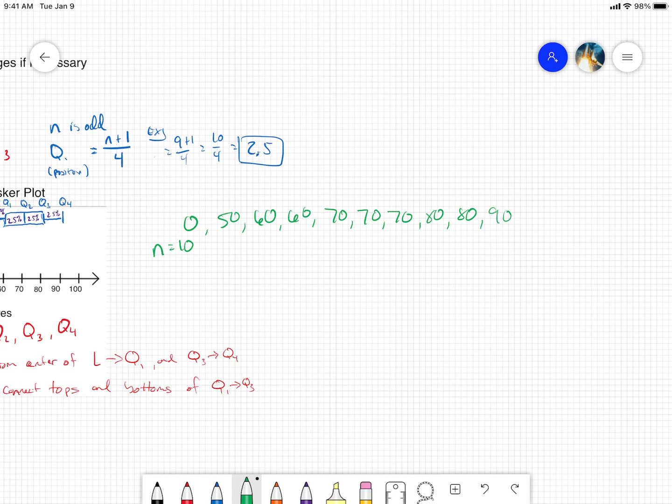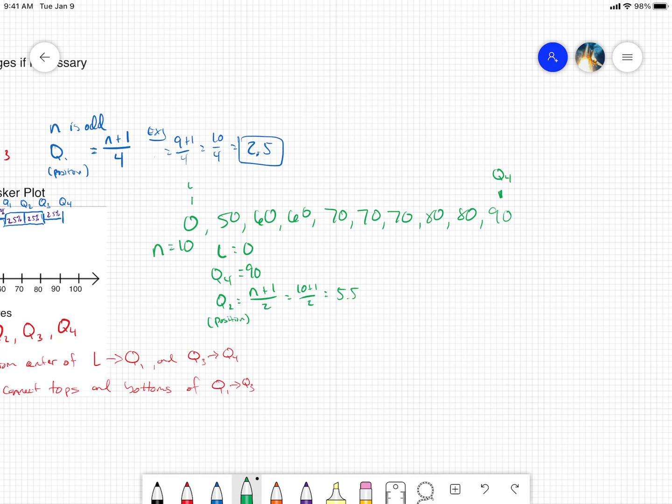So first thing I'm going to find is my lower point, which is L, which is 0. I'm going to find my upper point, which is Q4, which is 90. So 2 of the points are already done. Okay. Now let's go Q2, at least the position of it. I'm going to go n plus 1 over 2, which in this case is 10 plus 1 over 2, which is equal to 5.5.